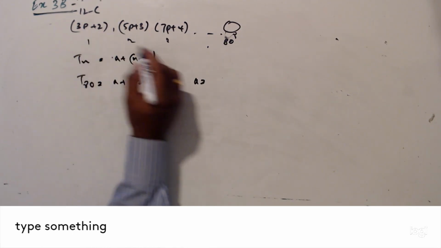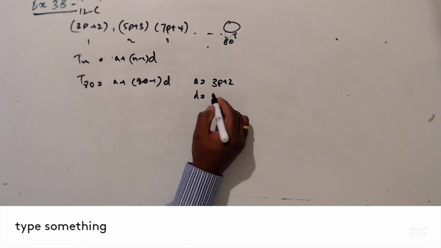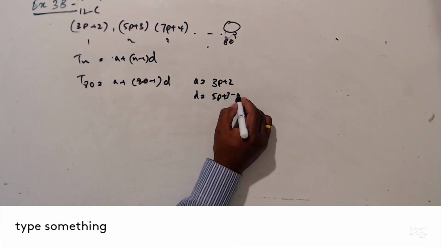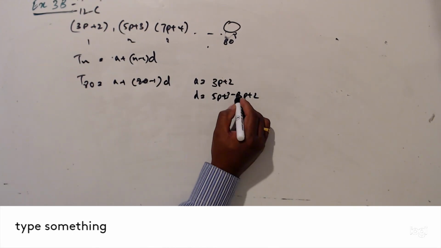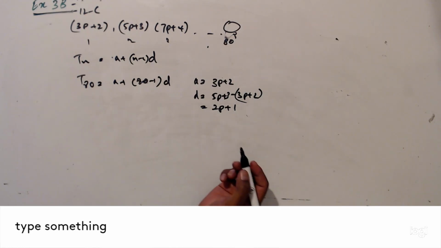Here a equals 3p plus 2, and d equals 5p plus 3 minus 3p plus 2, so that is going to be 2p plus 1.